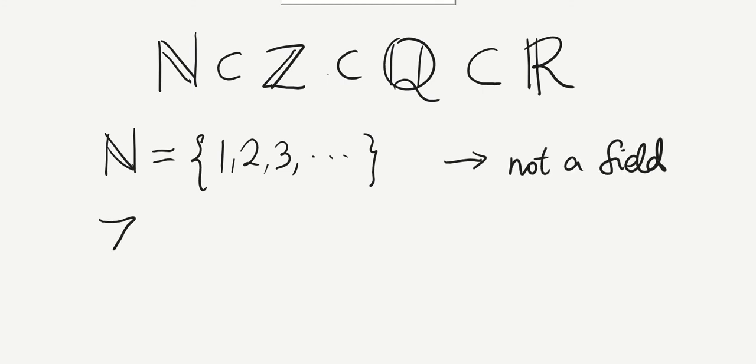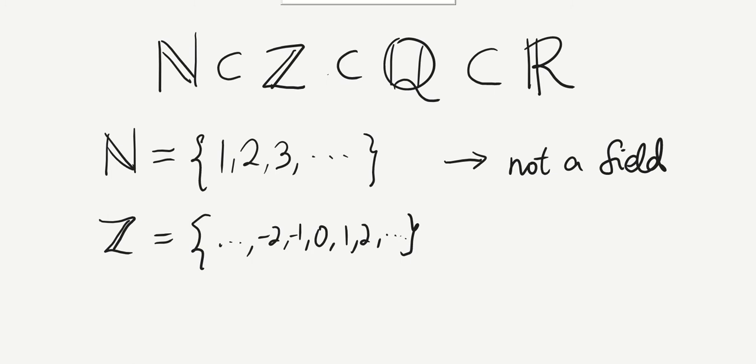Let's look at Z. Z is basically the set of integers including the negative integers, 0, and the positive integers. And this set is obviously closed under addition and subtraction. It's also closed under multiplication, but it is not closed under division.